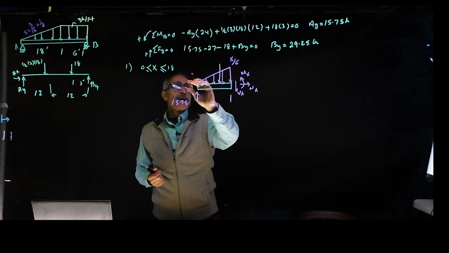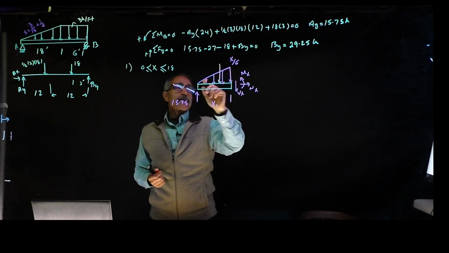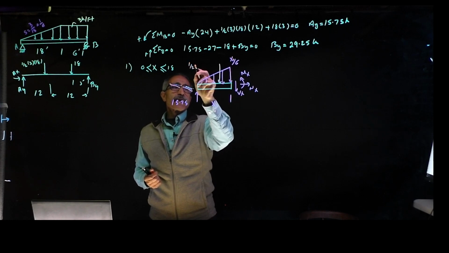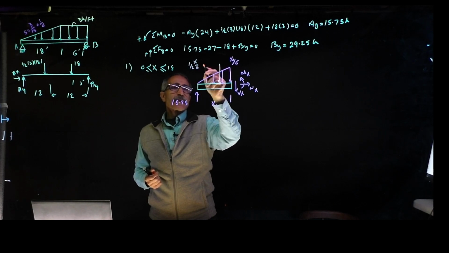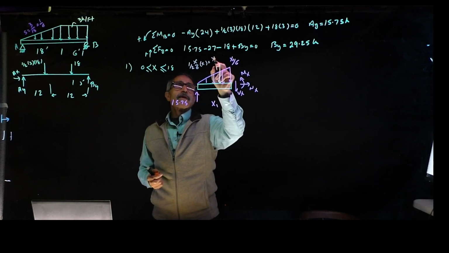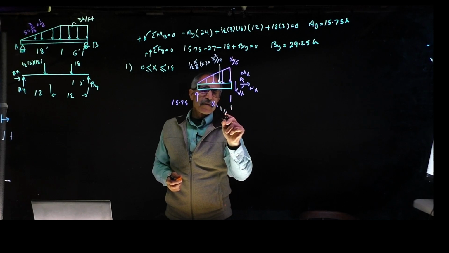It's going to be the area of the triangle, 1/2 of x, and let's call this x1. So it's going to be 1/2 of x divided by 6 times x, so that becomes x squared divided by 12. Okay, that means it's going to act at 1/3 of x.